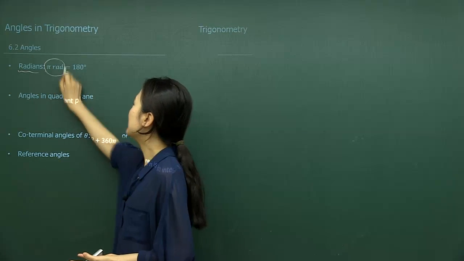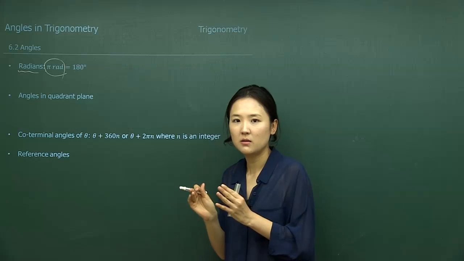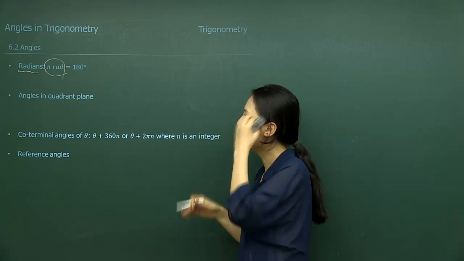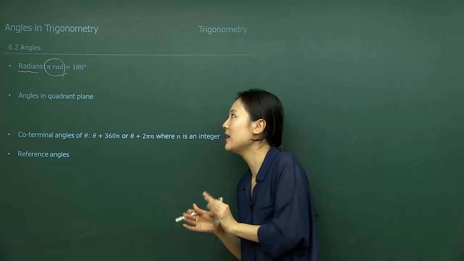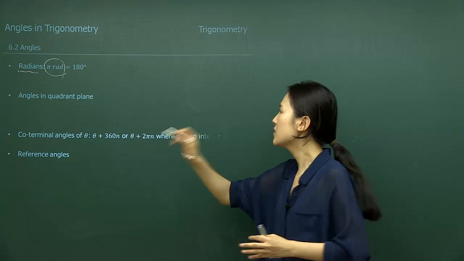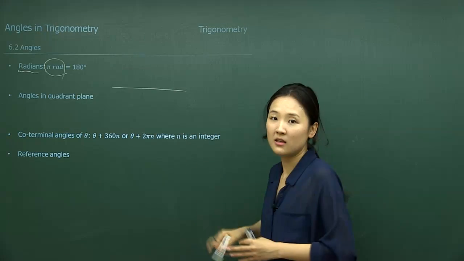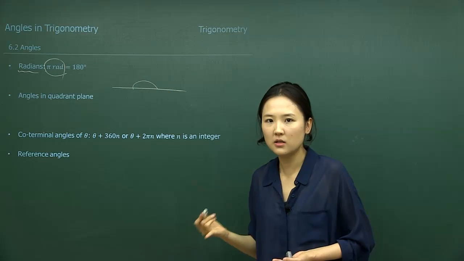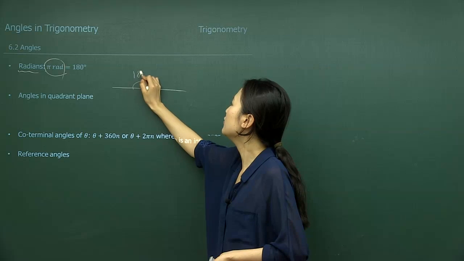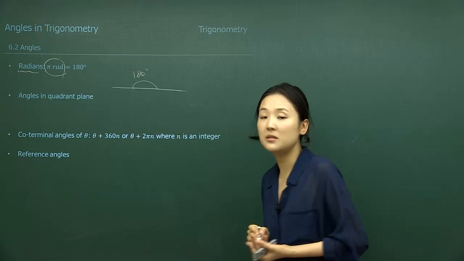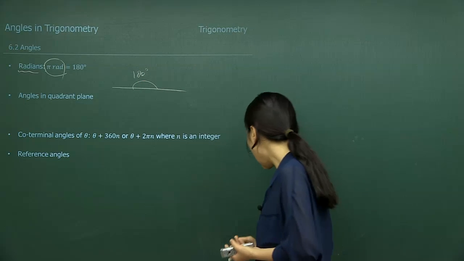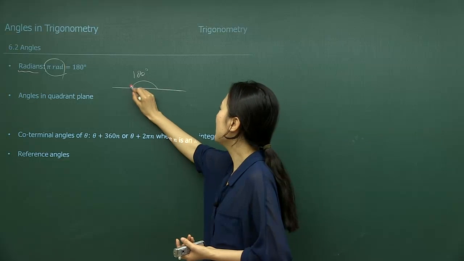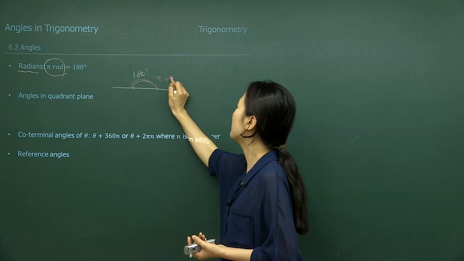To be exact, pi radians, right? So 3.1 something, equals exactly 180 degrees. So when you see a straight line, when you are measuring this using the degree unit, you will be measuring 180 degrees, right? However, the same angle measurement is measured as pi radians.